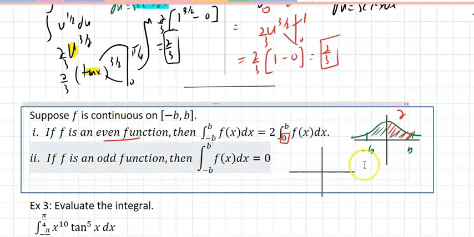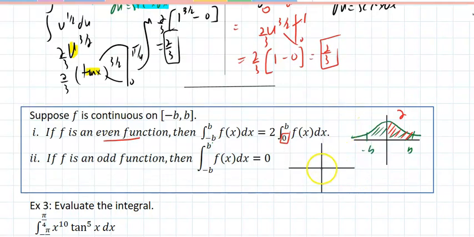And if you're dealing with an odd function, and that's the more powerful statement, an odd function is symmetric with respect to the origin. So if you have a piece on the right, the left matches. So if I'm looking at this area, and this area happen to be exactly the same, again, the key is from negative b to positive b.